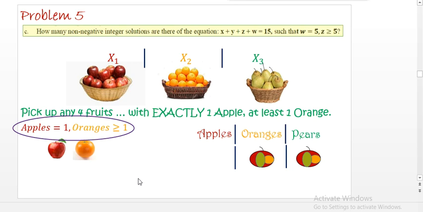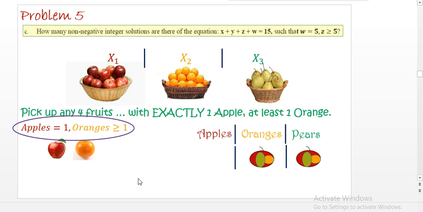From our equation, x1 + x2 + x3 = 4. The apple value is known, so x1 = 1. So we are left with the equation x2 + x3 = 4 minus apples, 4 minus 1, so x2 + x3 = 3. But oranges should be greater than or equal to 1. We separate one orange that we need, but we can have more than one.